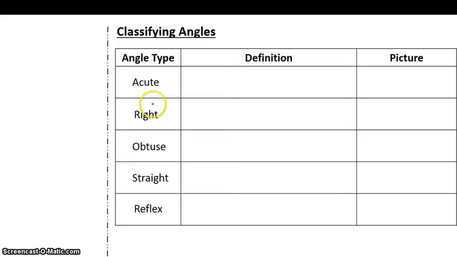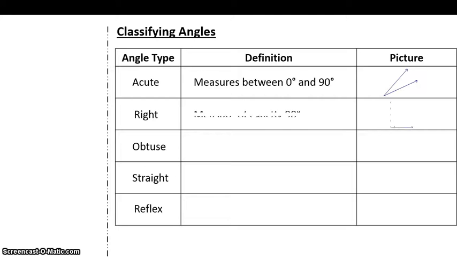All right, so an acute angle has to measure between 0 degrees and 90 degrees. It doesn't include 0 degrees and it doesn't include 90, but anything between that would be an acute angle. And so you just need to make it look like an angle that is between 0 and 90 degrees. Again, you can pause whenever needed.